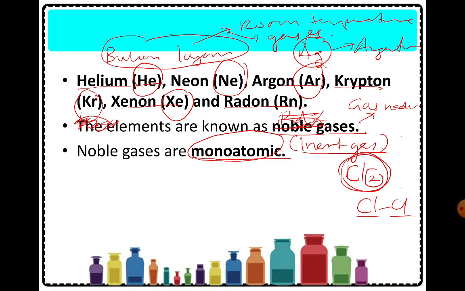We say they are very stable, because the atoms have achieved the electron octet arrangement.